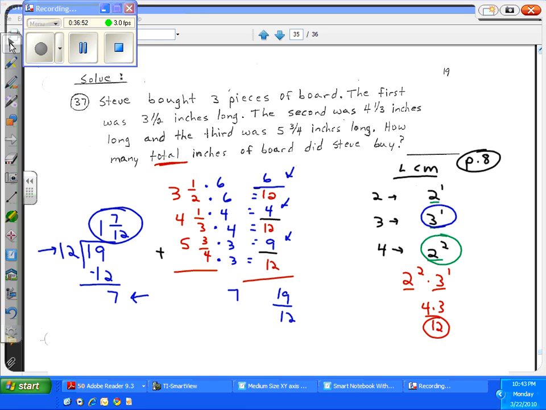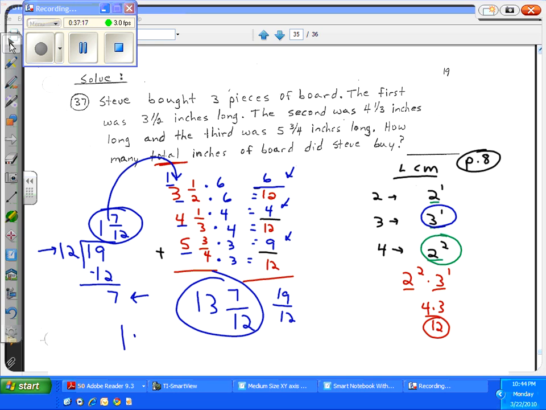So we're going to take that 7/12. We're going to take the 1 from that whole number and carry it over to the whole number section. So we're going to have 3 plus 1 is 4 plus 4 is 8 plus 5 is 13. So we end up with 13 and 7/12 inches, which we know 12 inches is a foot.